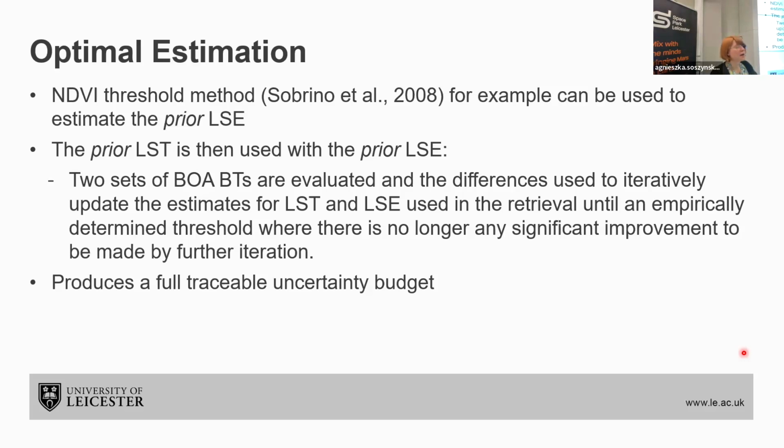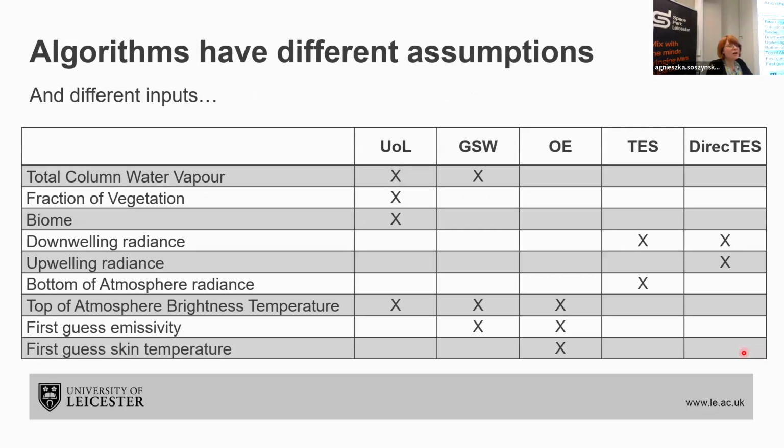Okay, so I've told you already about the different groups of algorithms, and I mentioned some of them. By all means, these are not all of them. There are many more. What I would like you to remember is that algorithms are based on different assumptions, and they will also have different inputs. Some of the algorithms, for instance the first two split window algorithms, will need total column water vapor as an input, which can be taken from ERA5.